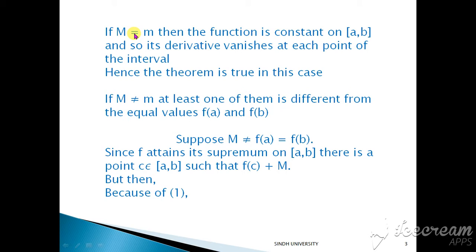If M is equal to m, then the function is constant on [a, b], and so its derivative vanishes at each point of the interval. Hence the theorem is true in this case.